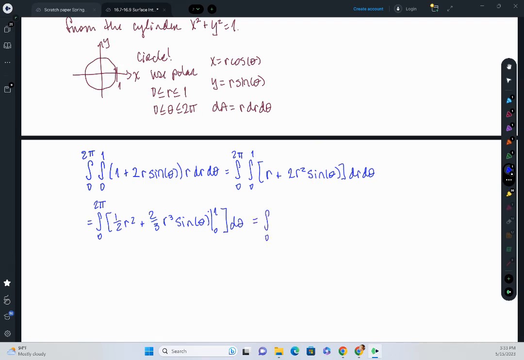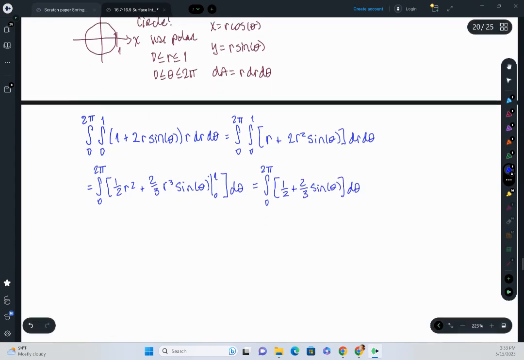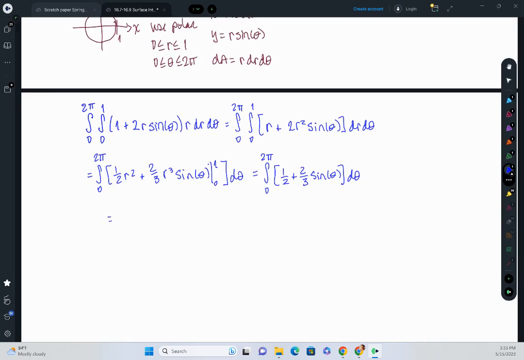So this will simplify to be the integral from 0 to 2 pi of 1/2 plus 2/3 sine of theta, d theta. All right, the antiderivative of 1/2 is 1/2 theta. The antiderivative of 2/3 sine of theta is going to give us negative 2/3 cosine of theta, from 0 to 2 pi.